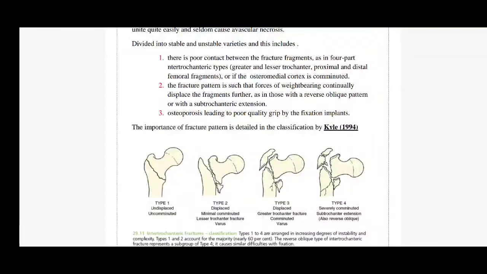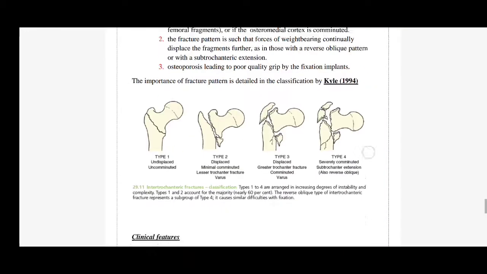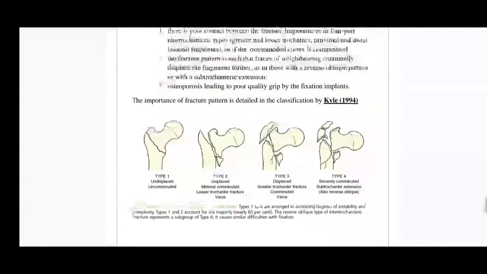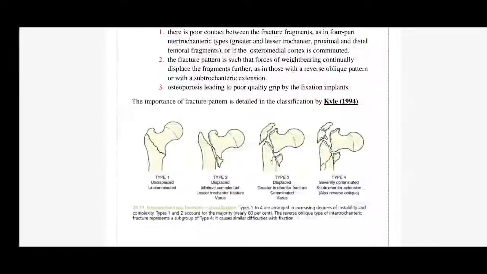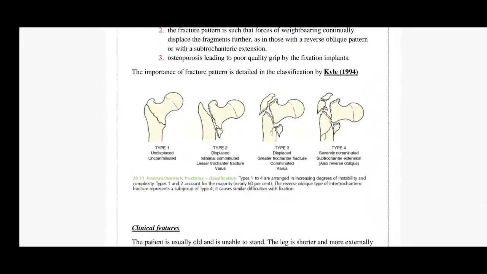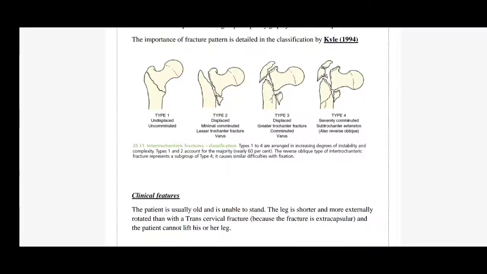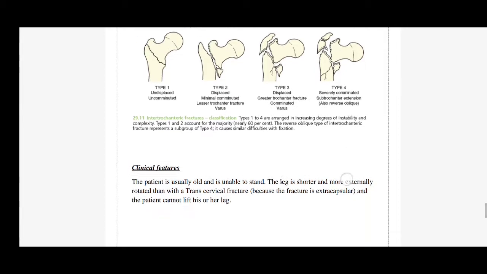Type 3, osteoporosis leading to poor quality grip by the fixation implant. Kyle in 1994 described this classification in four types. You should know it in detail. Four types according to the comminution of the medial cortex.